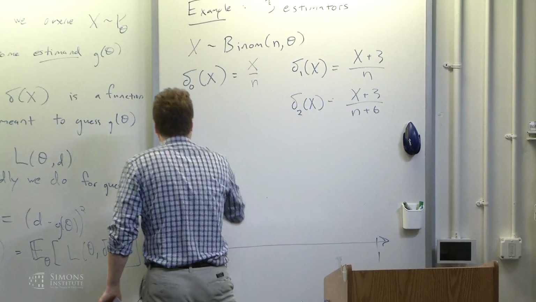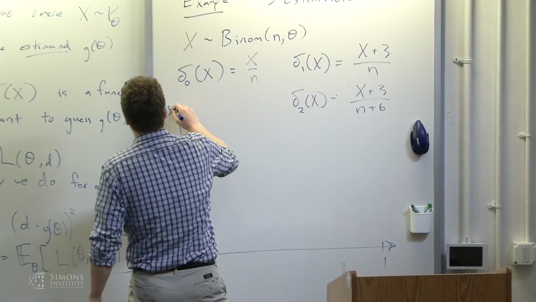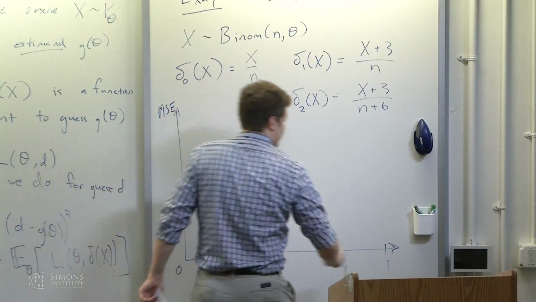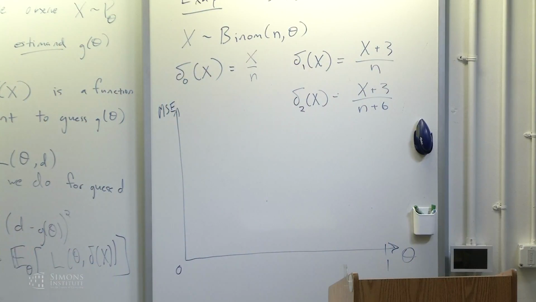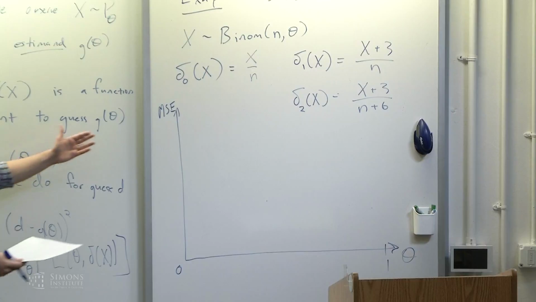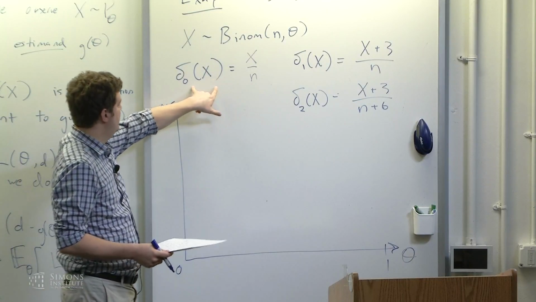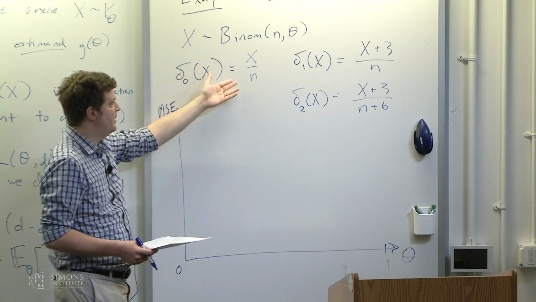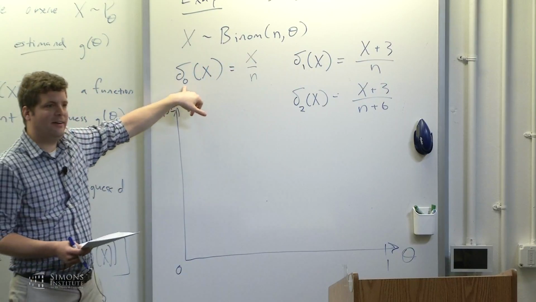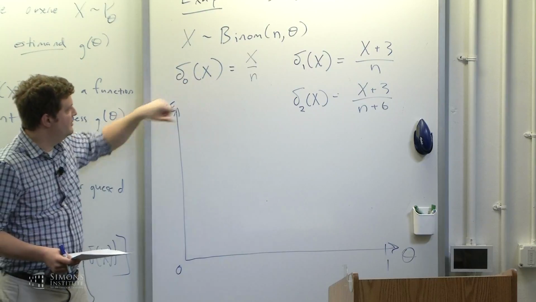Here, if I plot the mean squared error, aka the risk function, against the parameter theta, we know that for delta 0 of x, the expectation is just theta, so the mean squared error is exactly the variance of delta 0.